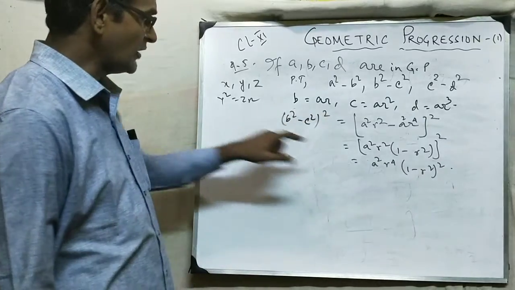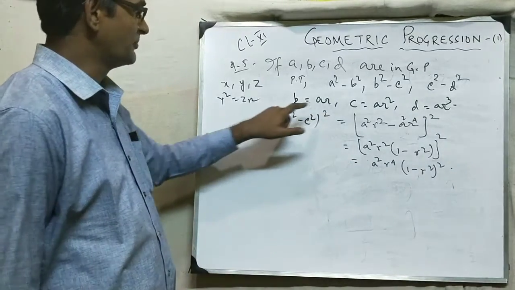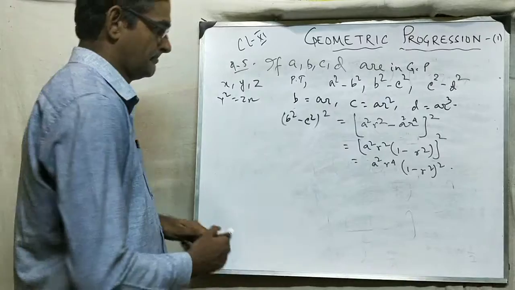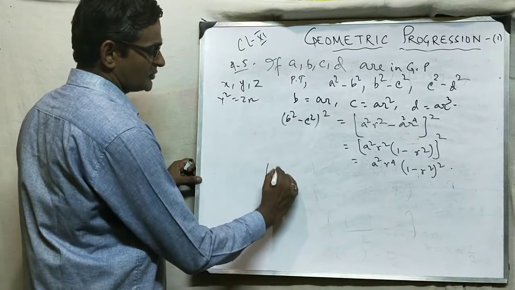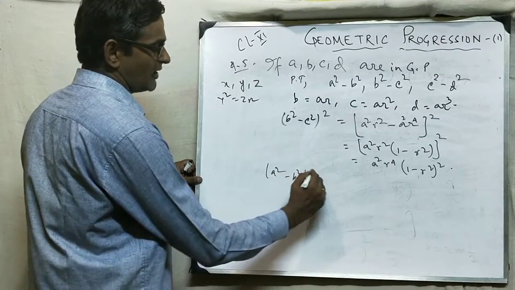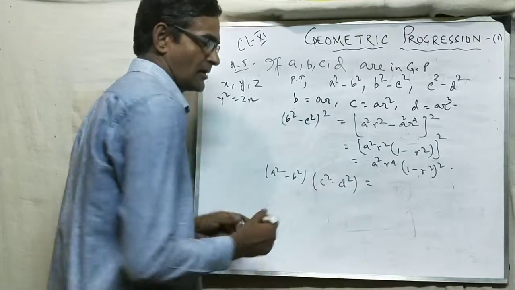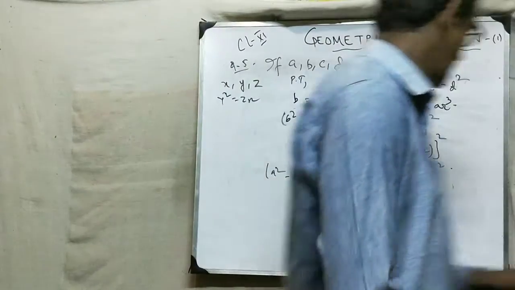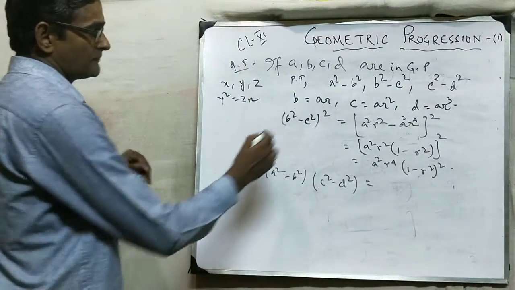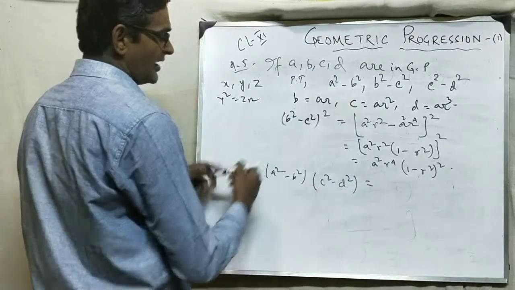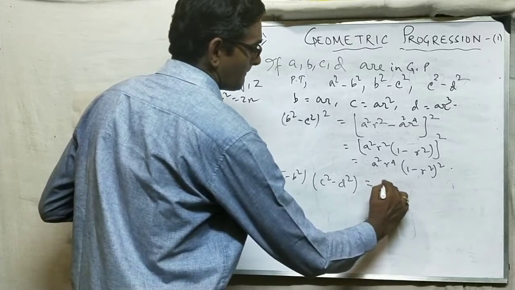Now y square we got. Now we have to find zx, meaning first into third. So what is (a square minus b square) into (c square minus d square)? Let's see what we are getting from here. Here, a square minus b square.